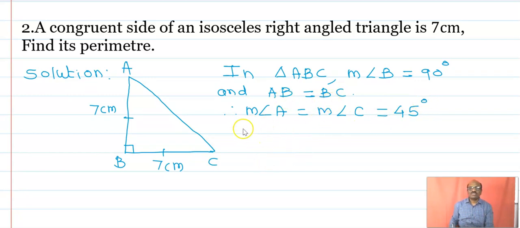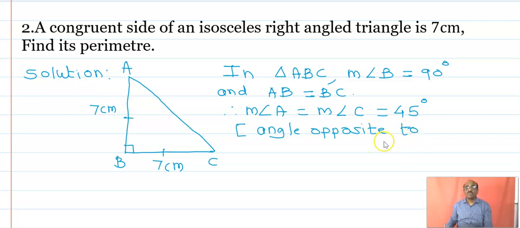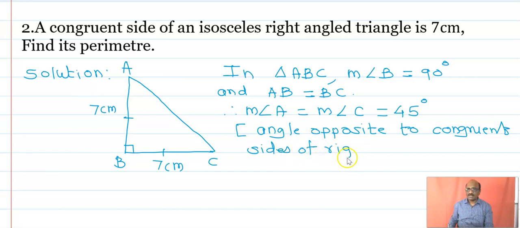As these two, what is the reason? That is the angle opposite to congruent sides of right angle triangle.